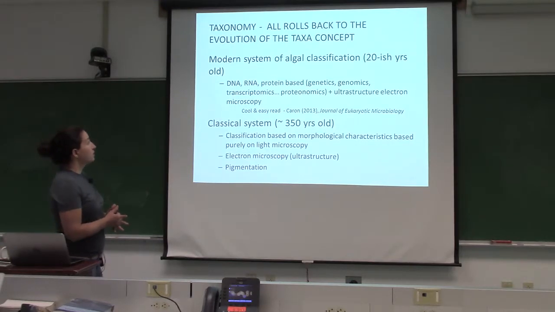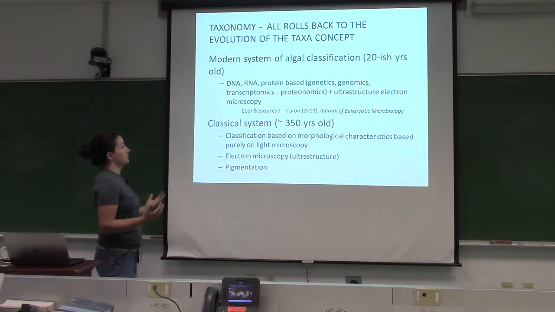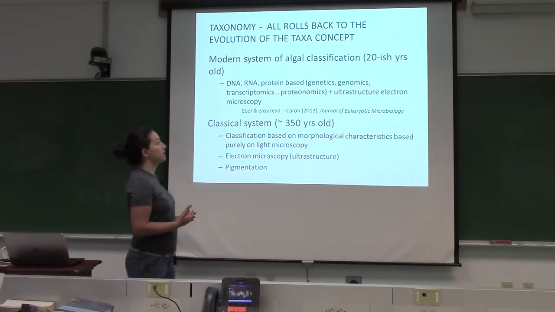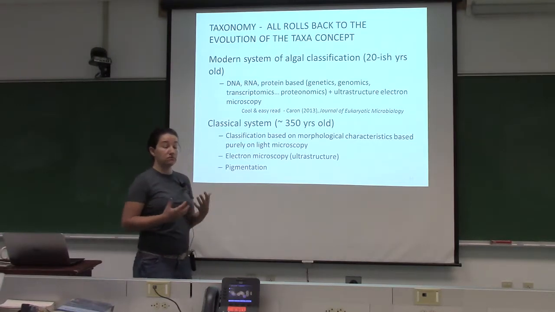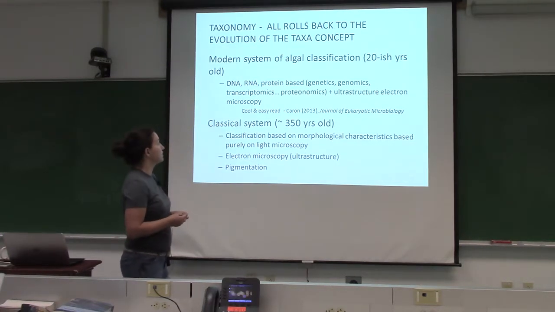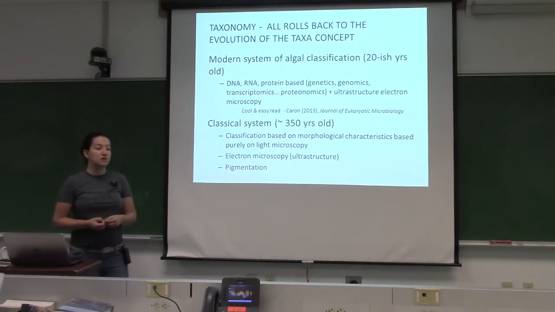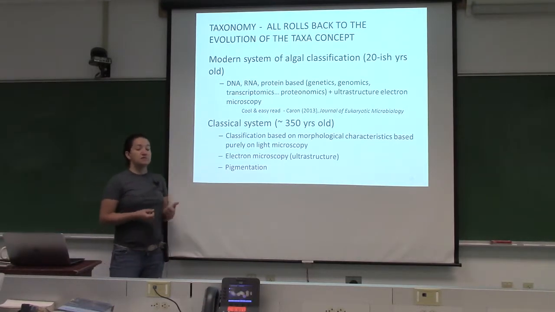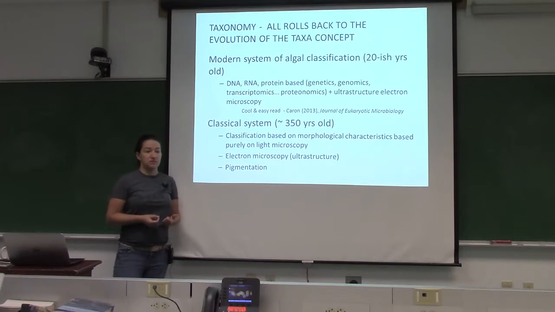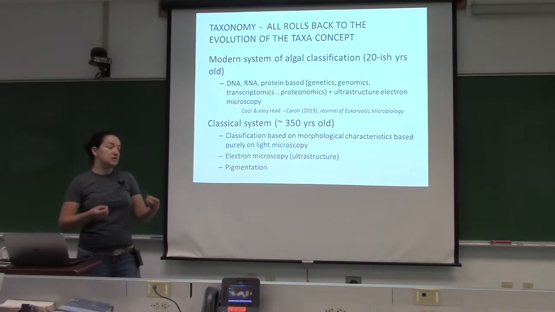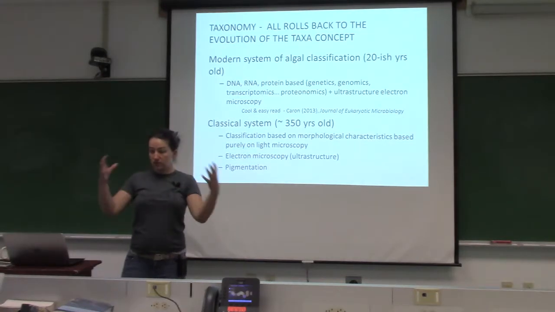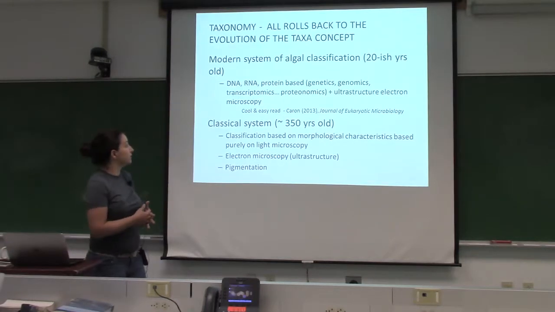So in theory, we have 2 different systems. We have this modern system of algal classification that has been developed really like crazy within the last 20 years. It's mostly based on different genetic methods, different omics methods that allow us to see the similarity and diversity within this group of organisms that float around in the ocean.